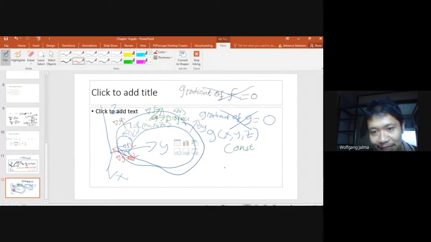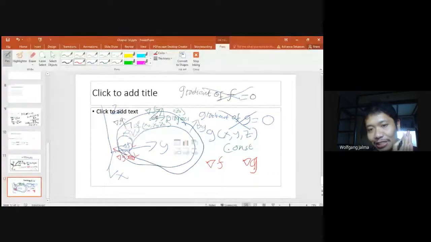So it means that the gradient of f and the gradient of g are in the same direction. But we know that the gradient of g is always normal to the g in g.